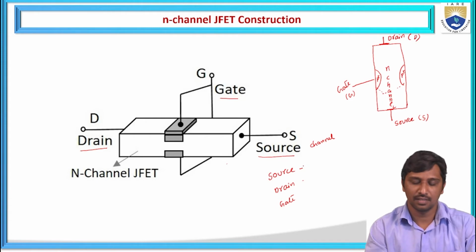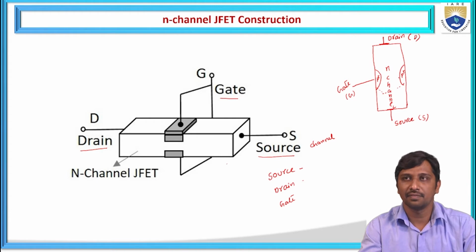And based on that, here we consider an N channel JFET, and for this N channel JFET, the source and the drain are also made up of N type. Suppose it is a P channel, the source and the drain are made up of P type.